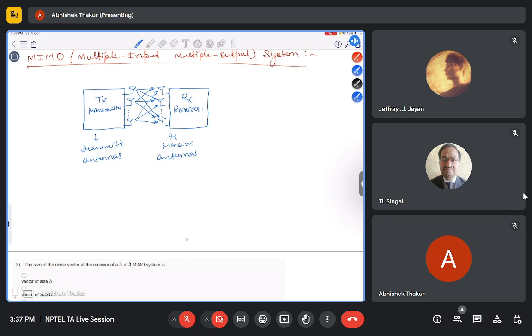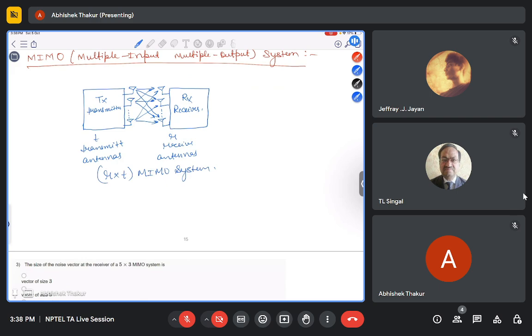This is also known as a MIMO system, an R cross T MIMO system, because there are R receive antennas and T transmit antennas.